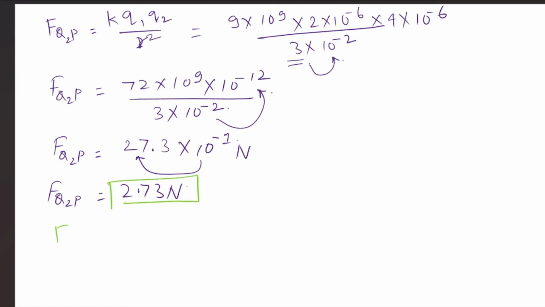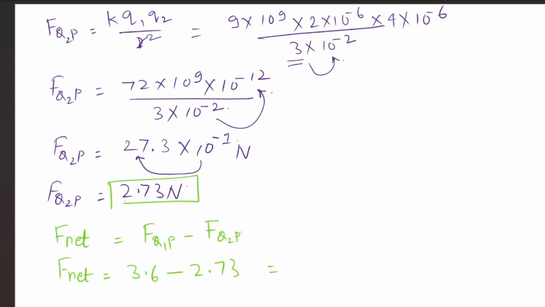So we can write F net would be equal to FQ1P minus FQ2P, which would be F net is equal to FQ1P is 3.6 Newton, yeah, 3.6 minus 2.73, which will give us how much?